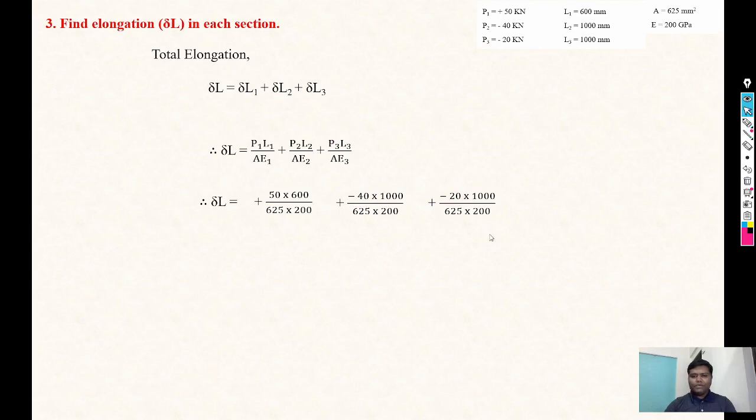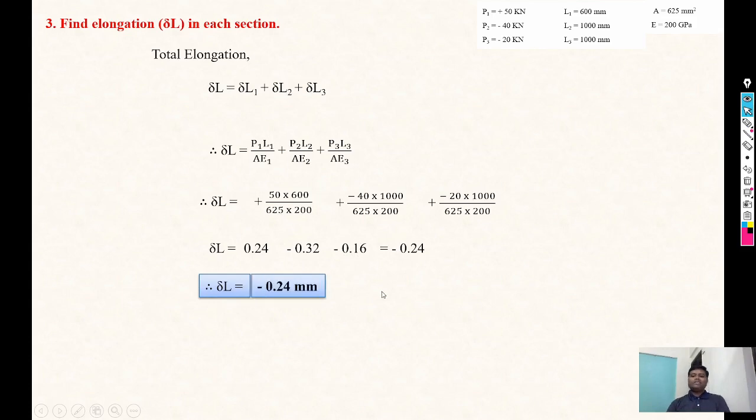Once we calculate the elongation of each section, the elongation of the first section is positive 0.25, and the second and third sections, having negative forces, have negative elongation: minus 0.32 and minus 0.16. The total elongation is negative, minus 0.24 mm.